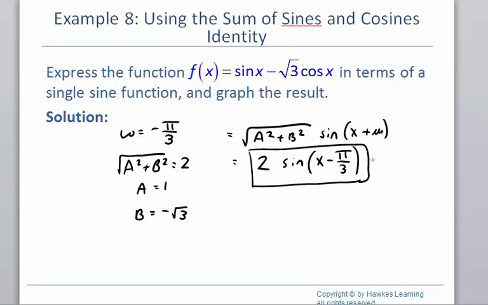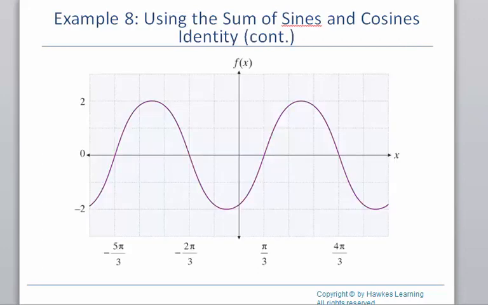Now, the problem also asked me to graph, which, remember, we're going to use our graphing techniques in order to do that. All right, so we know that the amplitude on the graph is going to increase to 2 because we have a 2 right here. We also know that we're going to have a phase shift because we have that negative pi over 3. And so that final graph is going to look something like this.